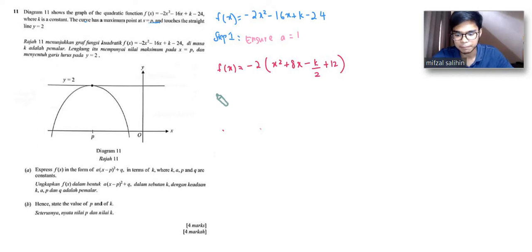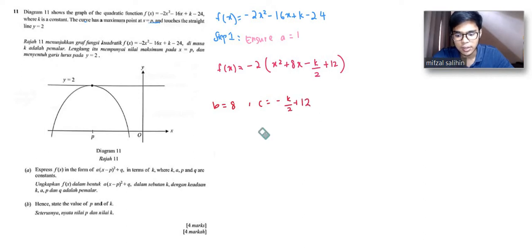Alright. Now our a is already 1, so we can list the b and the c. From here, b is equivalent to 8 and c is equivalent to negative k over 2 plus 12.